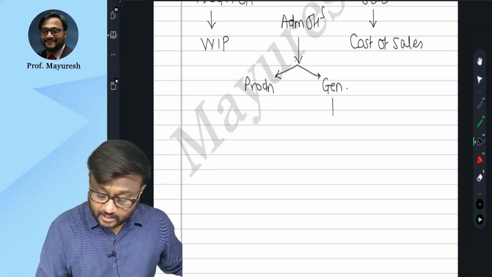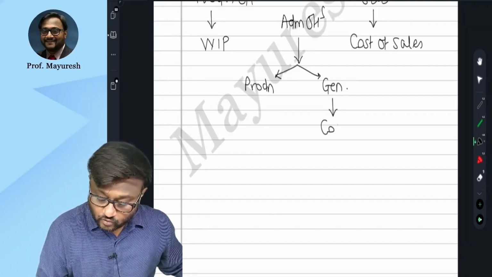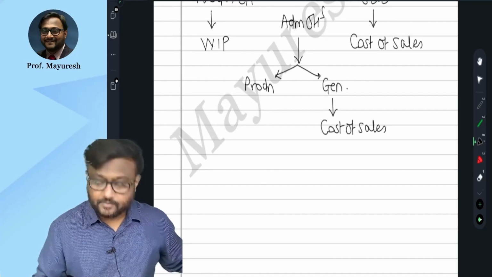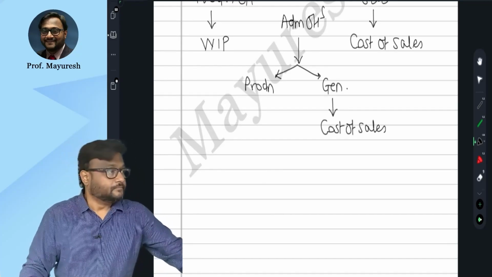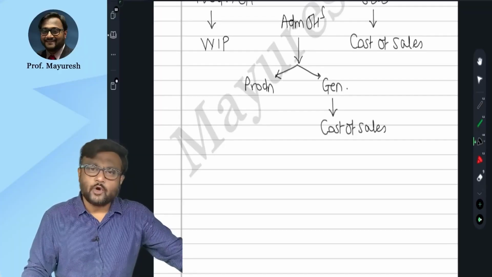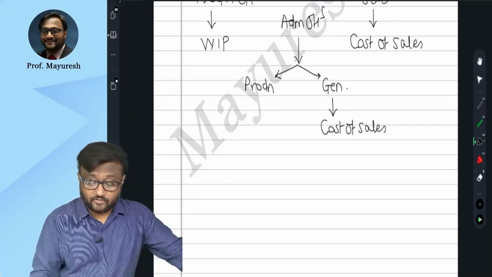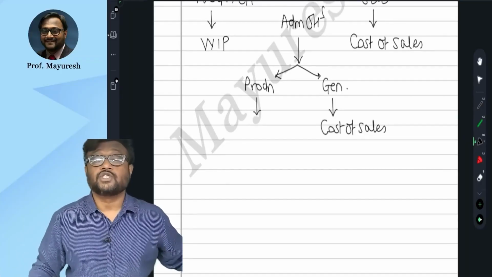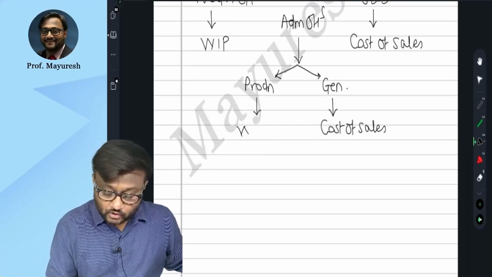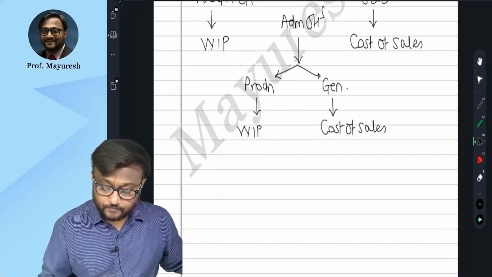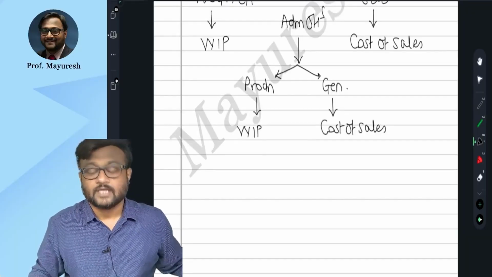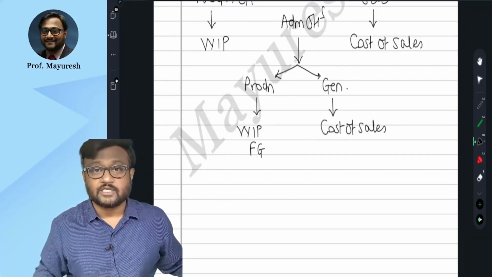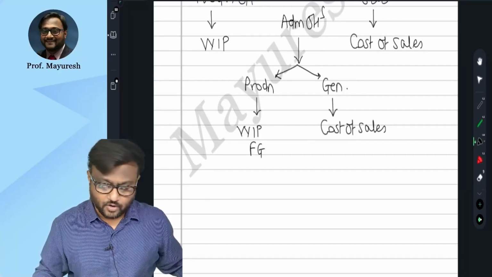If it is general, it is recorded after cost of goods sold, and since it is recorded after cost of goods sold, it must be absorbed through cost of sales. According to Cost Accounting Standard 3, anything related to production should go to WIP. It must be charged to the production process. So ideally, this should be absorbed through WIP. But अभी भी कुछ publications इसको finished goods में ही transfer करते, तो there is a controversy going on.